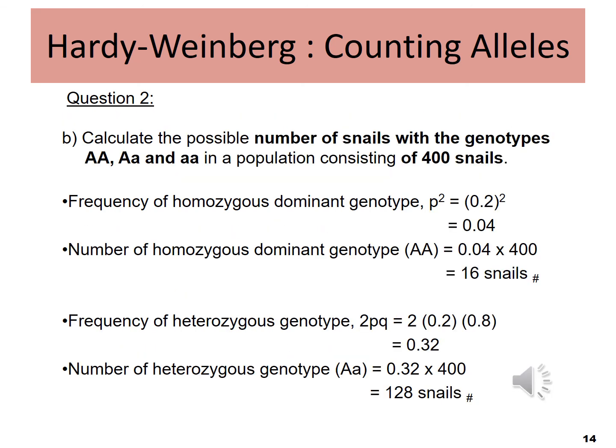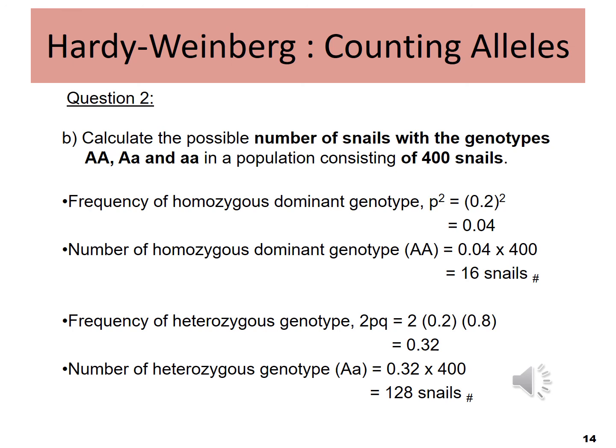To calculate the possible number of snails with the genotypes AA, Aa and aa in a population consisting of 400 snails, we need to find the frequency of the homozygous dominant genotype, which is p squared, that is equal to 0.04. So, the number of homozygous dominant genotype AA is equal to 0.04 times 400, that equals 16 snails.